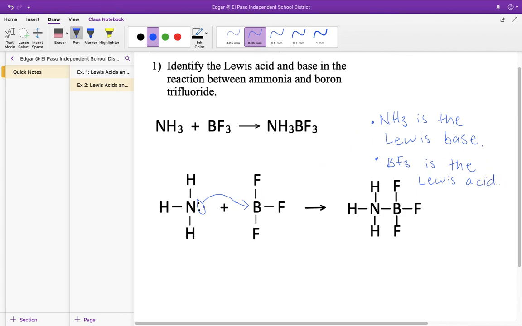Remember, the one that donates the pair of electrons is going to be the base, Lewis base, and the one that accepts that pair of electrons is going to be the Lewis acid.